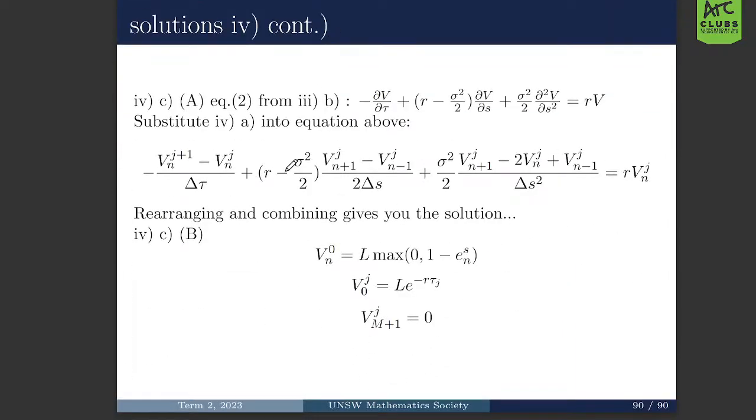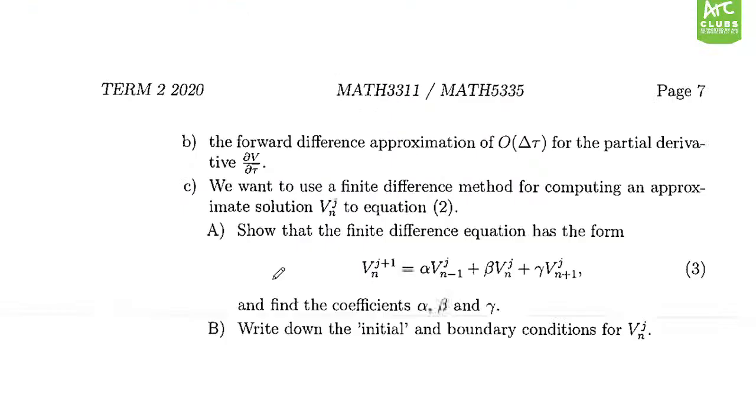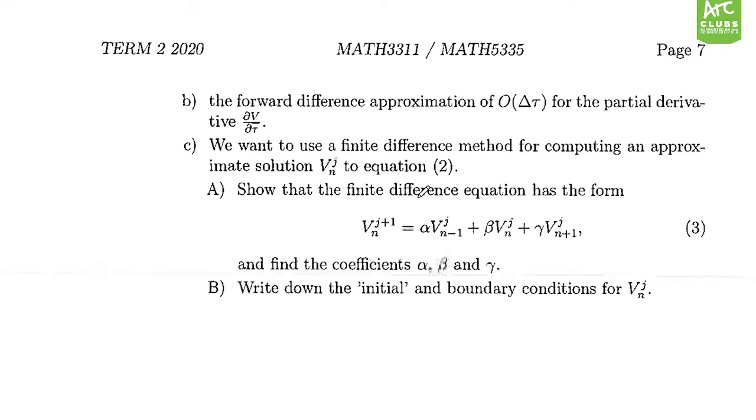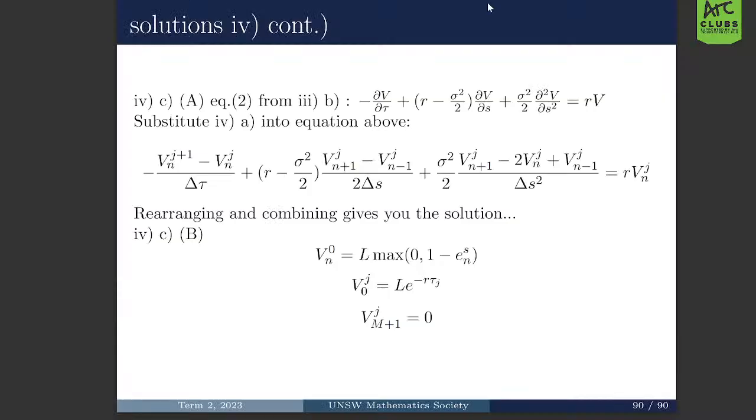And finally, the last page, we have CA and CB, so the last part of this question. Again, we want to use the finite difference methods, which is exactly topic 11, for computing the equation. And you can see that this is exactly what has been stated inside the definition slides for the approximation. And how do we actually do that?